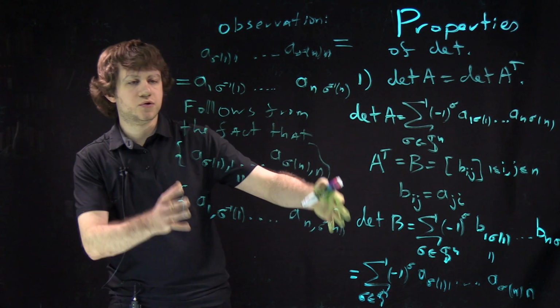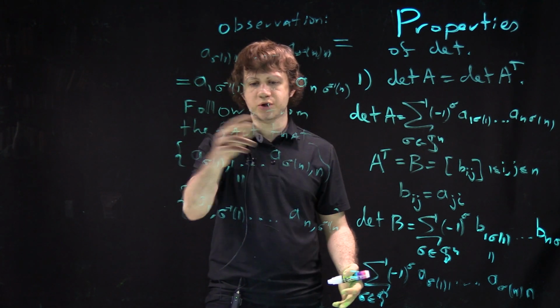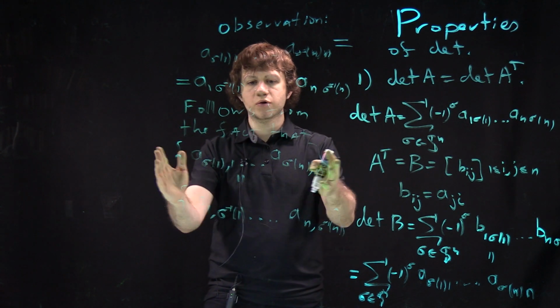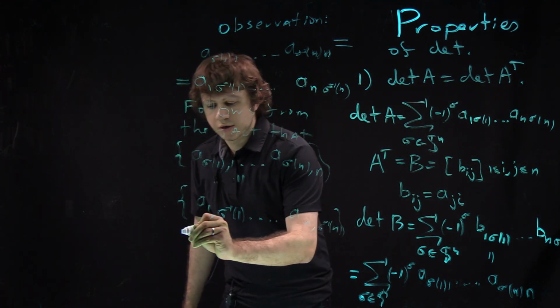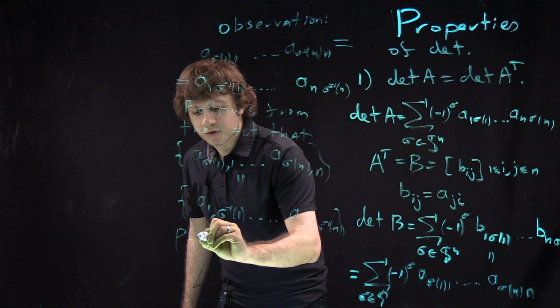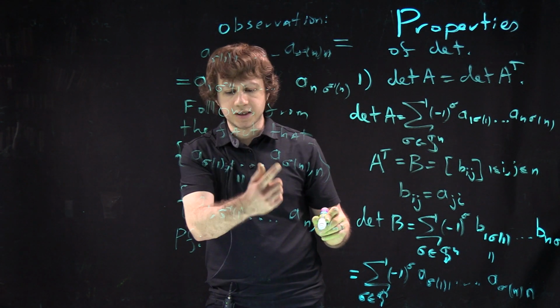Then, of course, if you have two collections of n numbers which are the same sets, just in different orders, their products are the same. And why is this the case? So the proof is like that. Let's take, for instance, some element here.